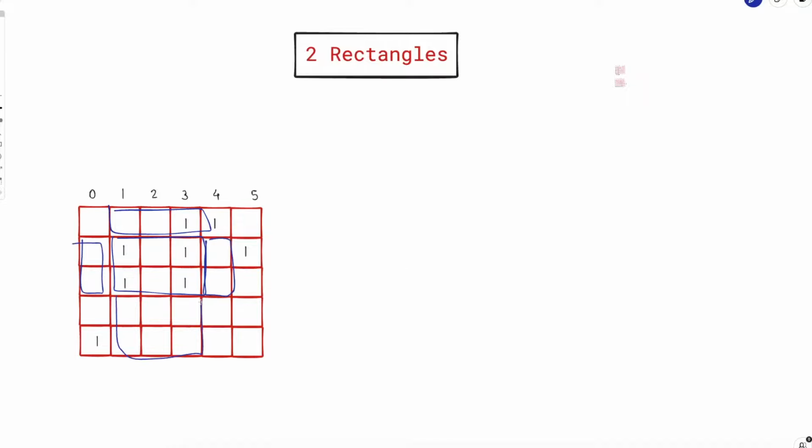Among all these 4, you can't cover more than one, because if you want to cover at least 2 sides, you would need to intersect this rectangle as well, right? So once you have fixed the first rectangle, you will figure out how many sides of that rectangle I need to take care of. If the number of sides with ones in top, left, bottom, or right is greater than 1, then surely this rectangle is not the right choice. I have to make the switch.